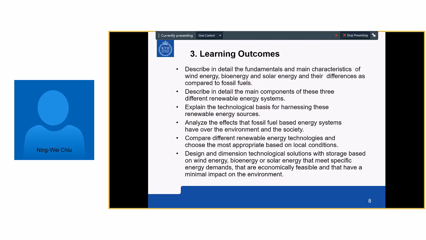And then the second point is describe in detail the main components of the 3 different renewable energy systems. Explain the technologies to harness renewable energy sources, analyze the effects that fossil fuel-based systems may have on the environment and the society, compare different renewable energy technologies and choose the most appropriate ones based on the local conditions, so that you're aware that you need to have the resources.